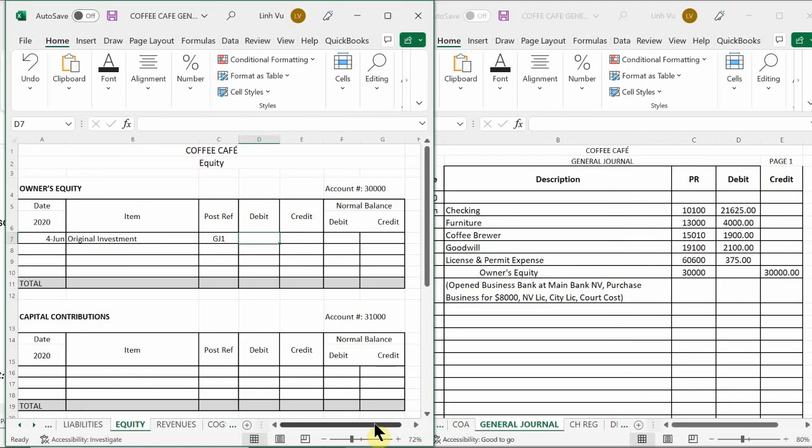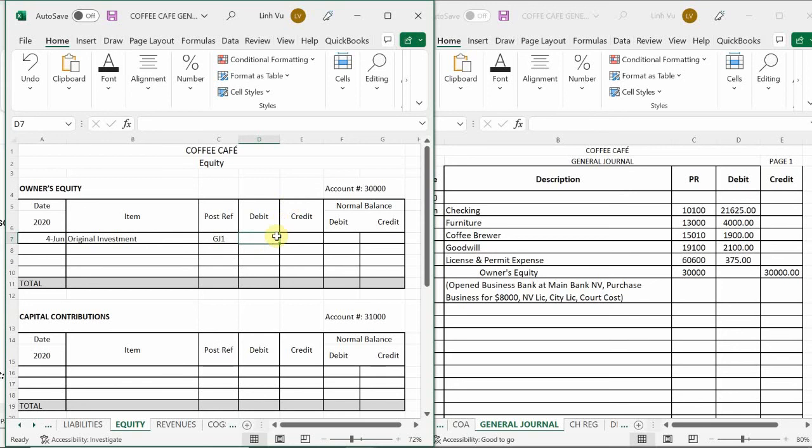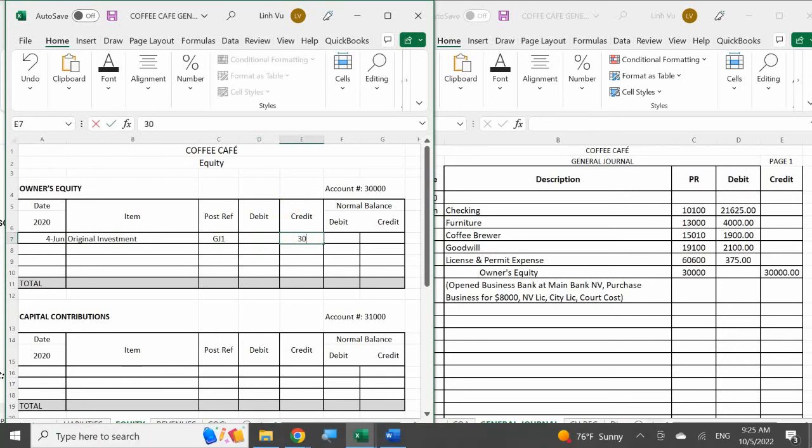So you don't make this mistake, I have it laid out exactly on my ledger as debit, credit, then the balance. It is important that whatever you put in your journal, you put into your ledger exactly the same. In this case, I have a credit balance, so it's very important that you don't accidentally debit this account when this should be a credit.